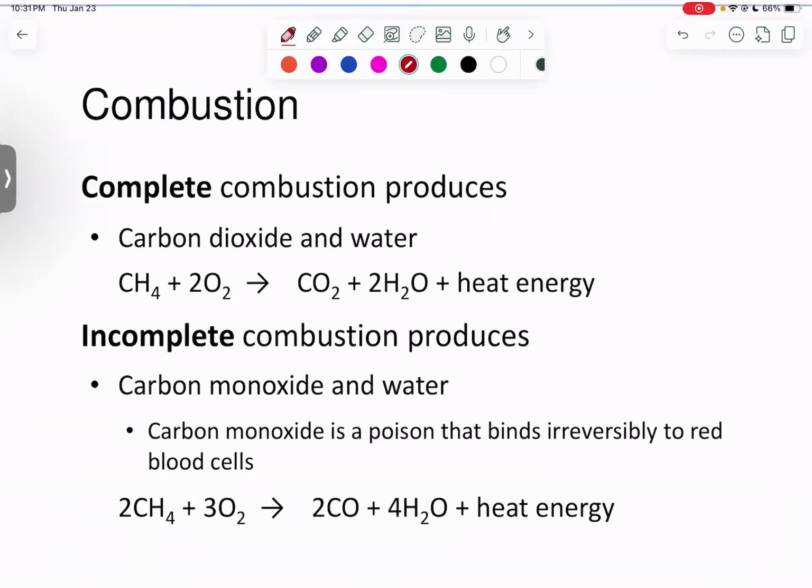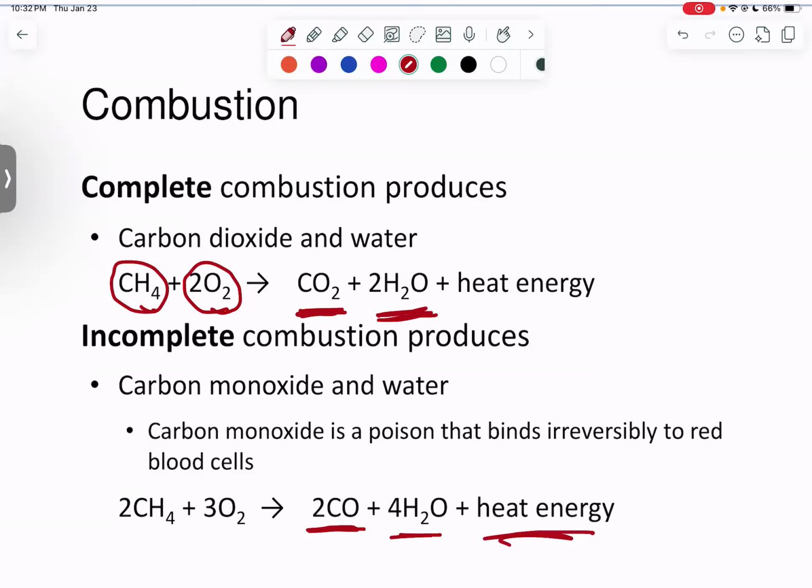There's complete combustion, where you have your hydrocarbon and your oxygen, and they burn and produce only carbon dioxide, water, and heat energy. But our cars do not do complete combustion. Our cars do incomplete combustion, and in incomplete combustion, we make carbon monoxide, water, and heat energy.